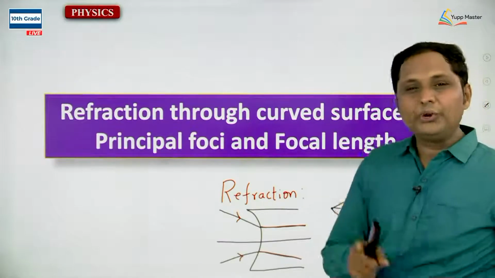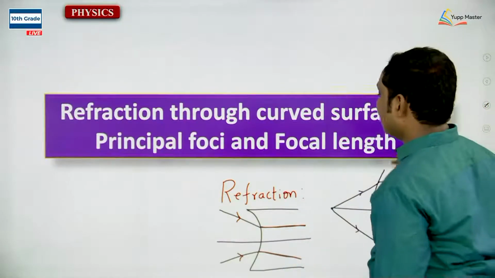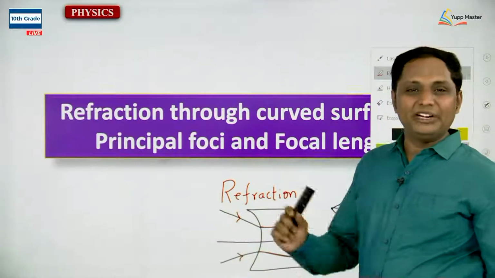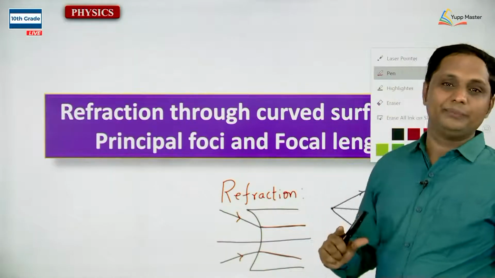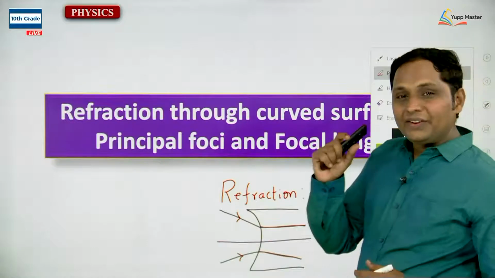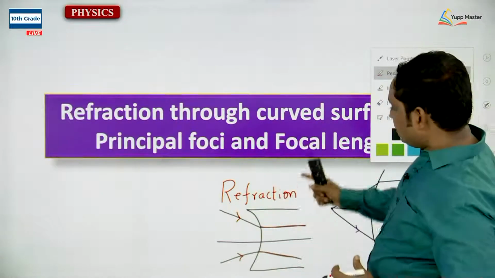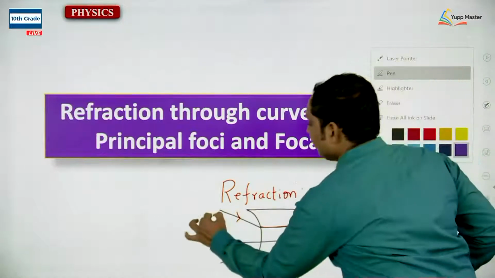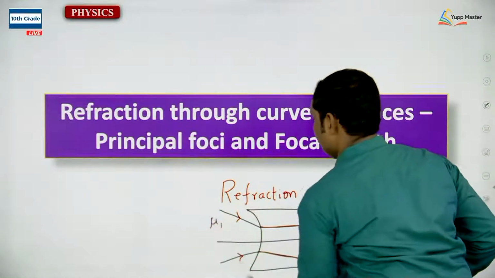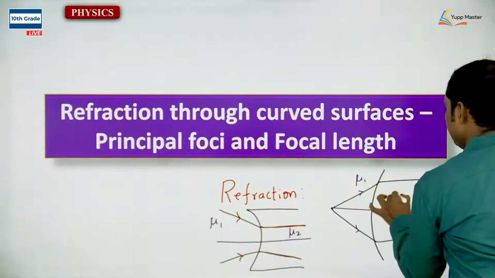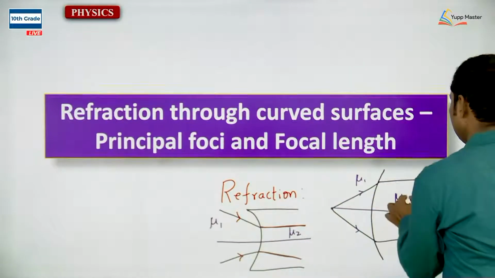Whenever light rays enter from one medium to another, that is rarer to denser medium, the refracted light ray bends towards the normal. This is mu1 and this is mu2.